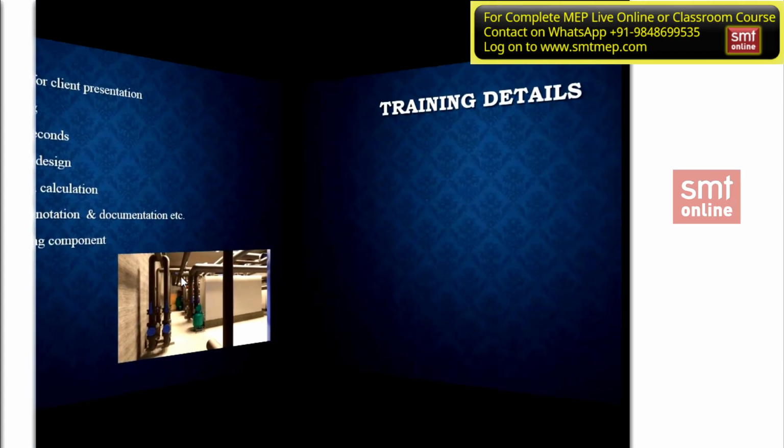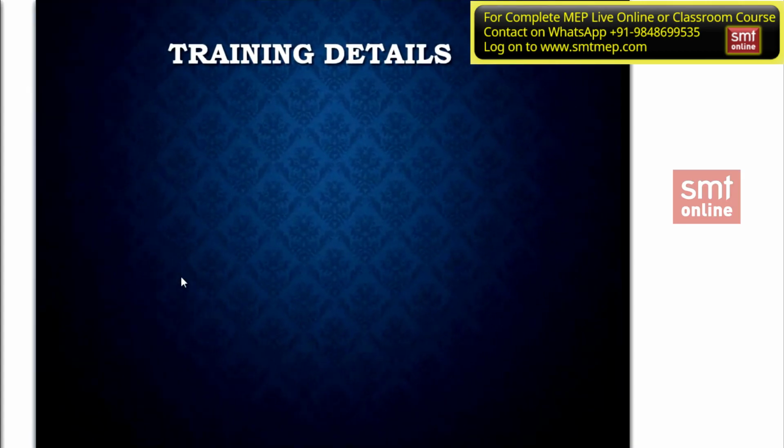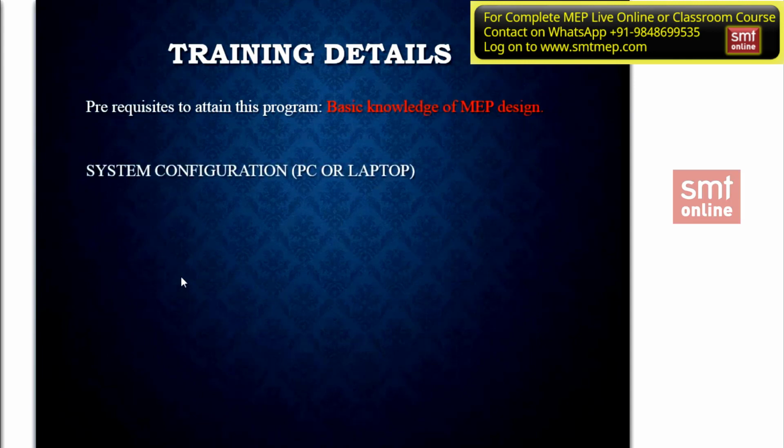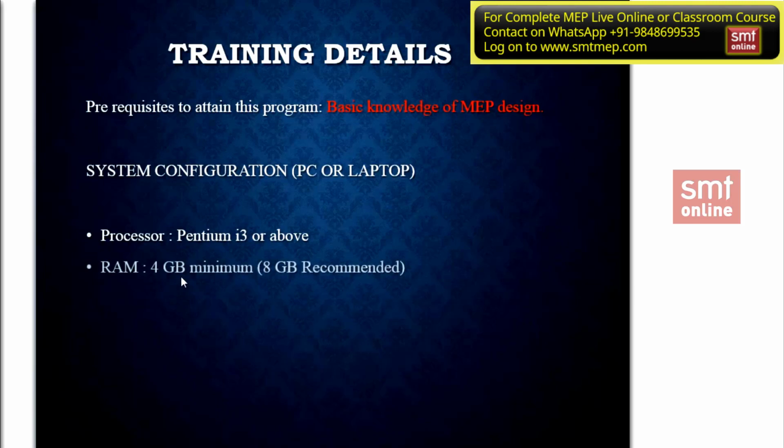Okay, so next we'll talk about the training details. Here the prerequisite to attend this program is you should have the basic knowledge of MEP design and the system configuration to run this software, whether you are using a PC or a laptop. So the recommended processor is i3 or above, and the RAM is 4 GB minimum and 8 GB is recommended.